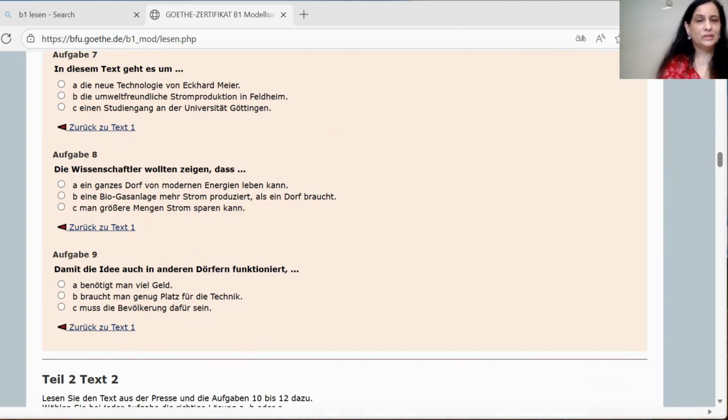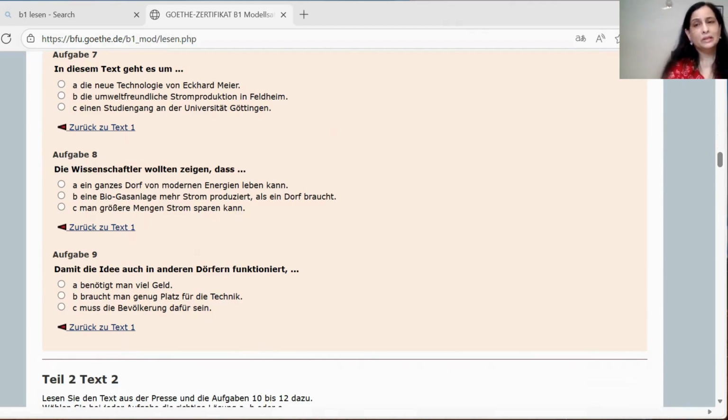Now the last one in this particular text: damit die Idee auch in die anderen Dörfer funktioniert. Okay. Now this idea for other villages, it will work, and then the options are there.